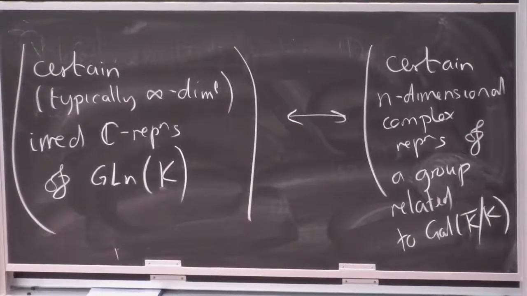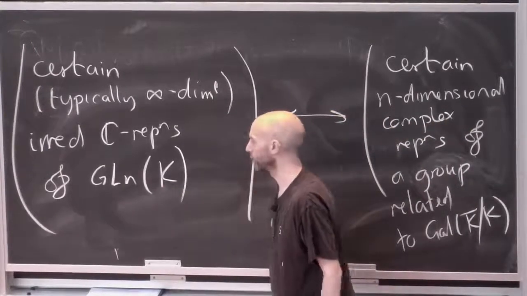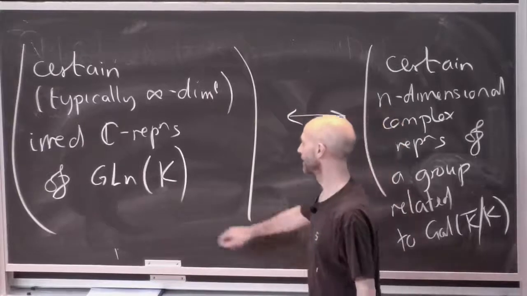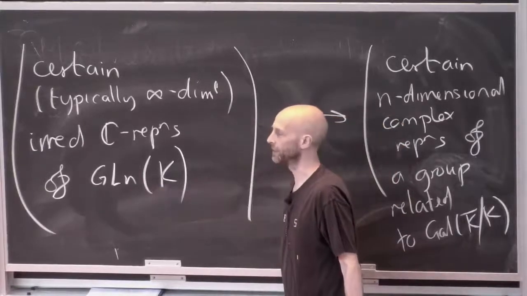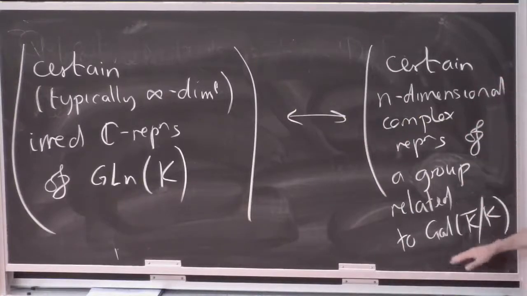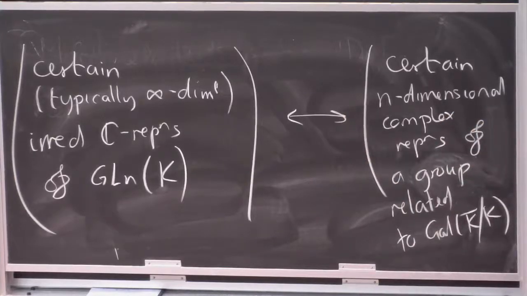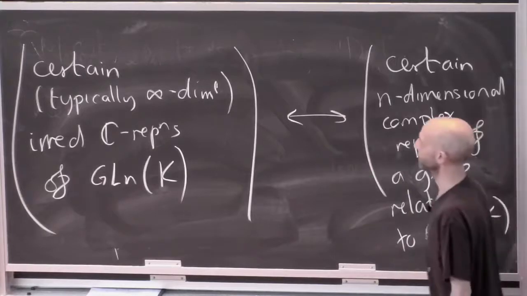So this is complicated representations of a relatively simple group, in the sense that it's possible to write down elements of this group, versus relatively simple representations of a complicated group that it's quite tricky to write down general elements of. I'm going to spend the next few lectures making precise all the terms on this side and stating the local Langlands correspondence for GLN.